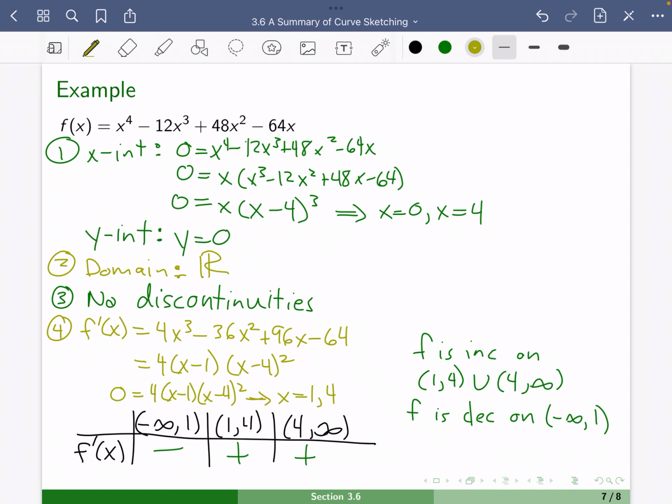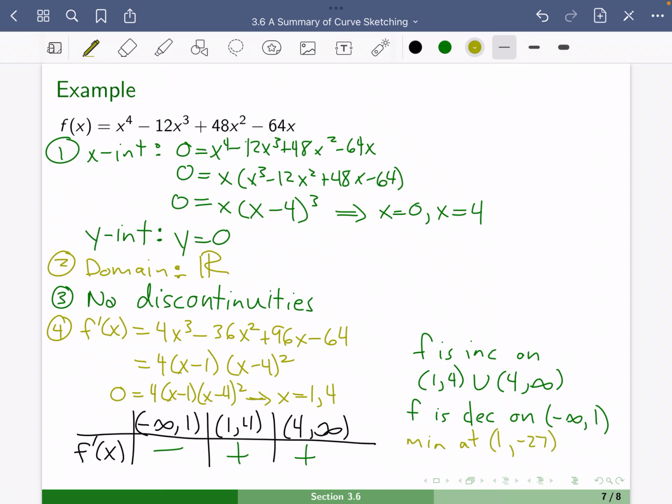We have a minimum at 1. So when our x value is 1, if we plug that into our original function, our y value is negative 27.